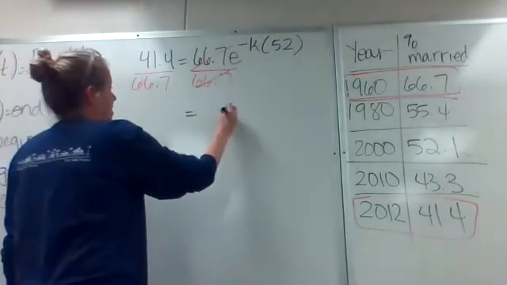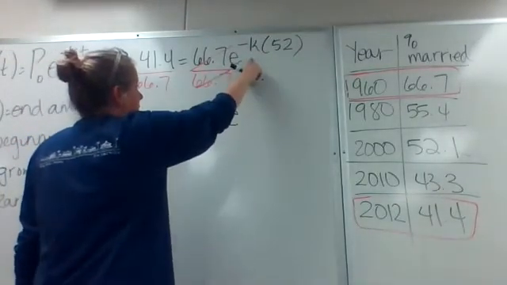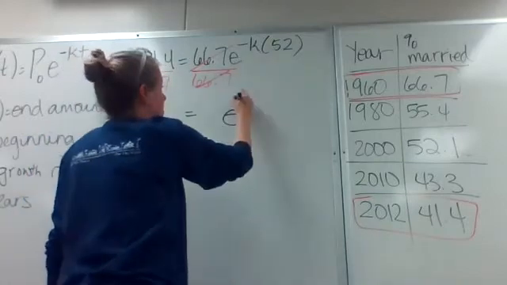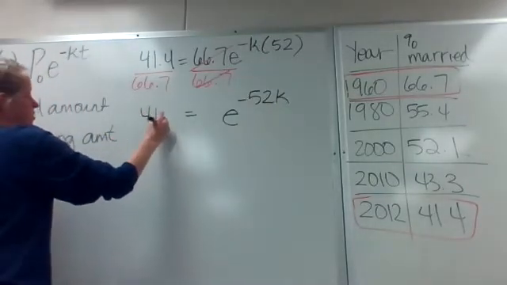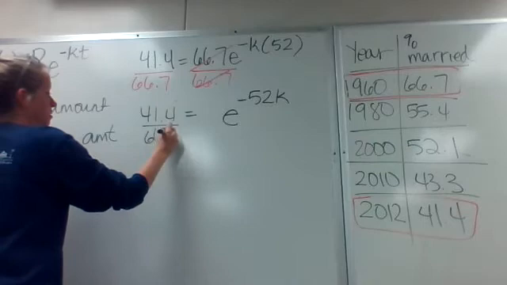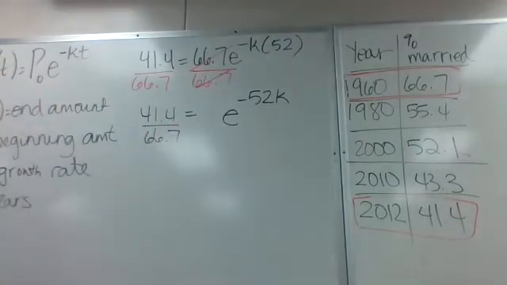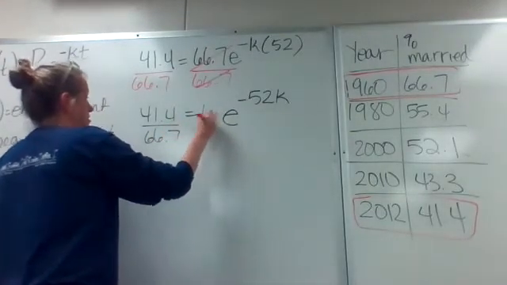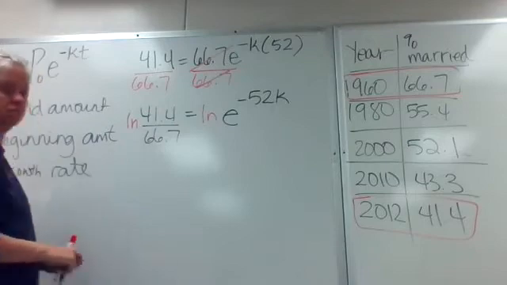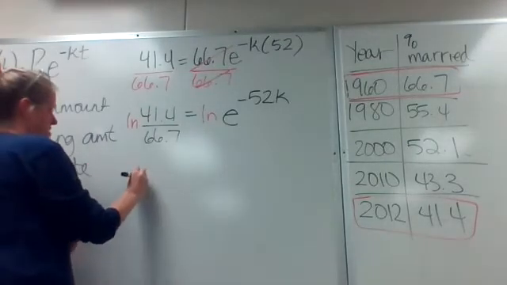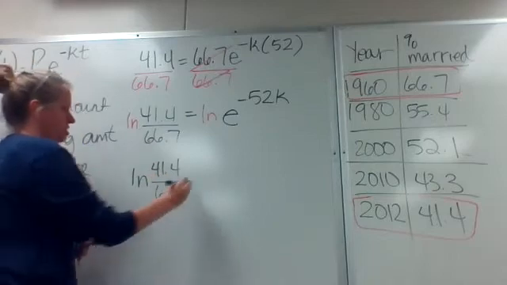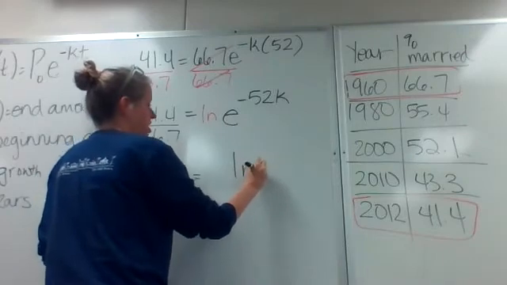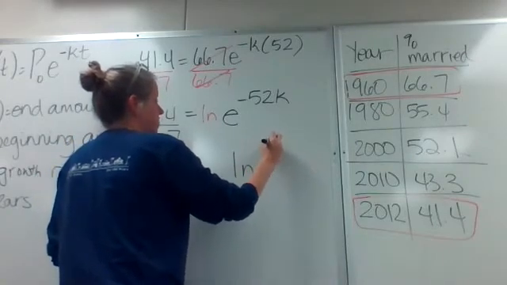So now I'm going to have E to the, I'm just going to call this negative 52K. I'm just going to go ahead and multiply that together. Now I'm going to ln both sides. So on the right, I've got ln of 41.4 over 66.7 equals ln of E to the negative 52K.